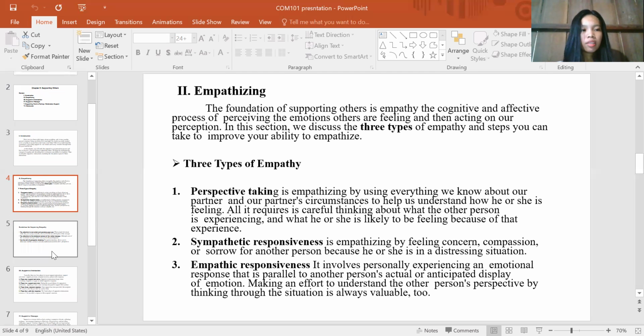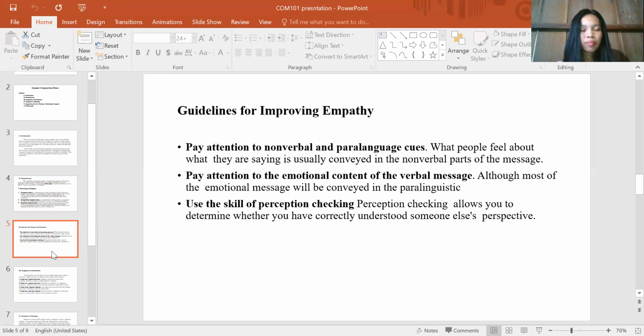And the next slide is guidelines for improving empathy. Pay attention to nonverbal and paralanguage cues. What people feel about what they are saying is usually conveyed in the nonverbal part of the message.